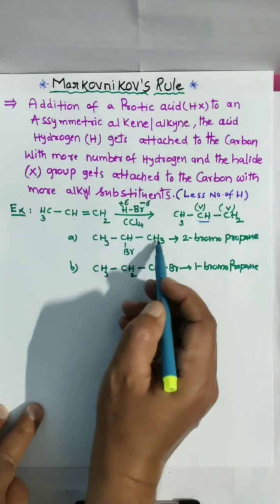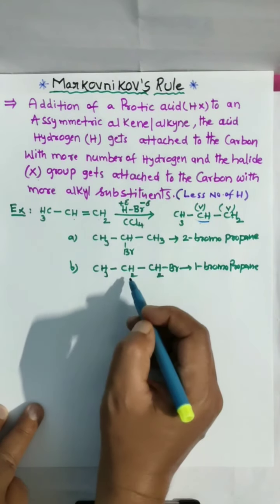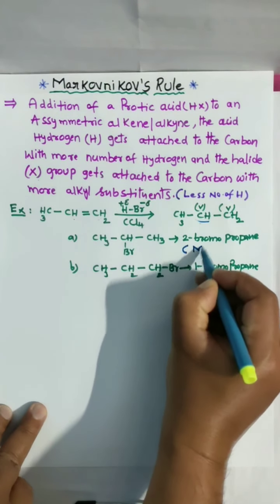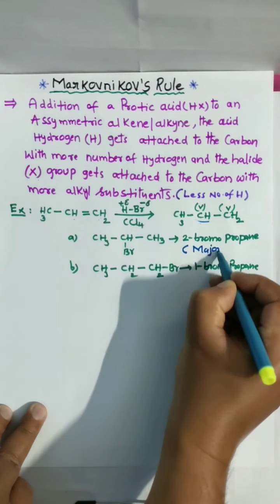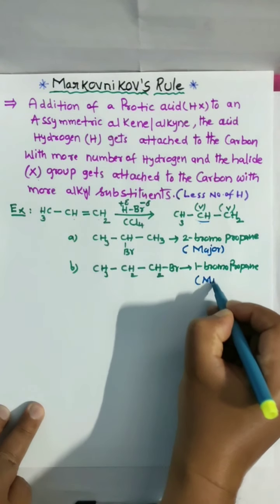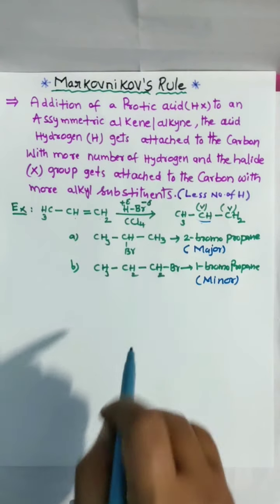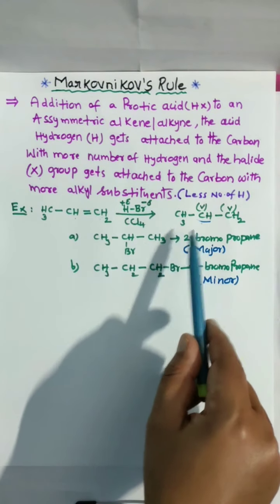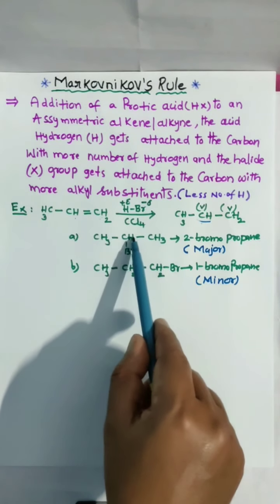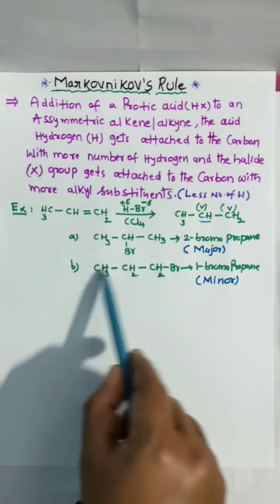Now two substituents are there, on both sides, whereas here there is total one substituent. So where more substituents are there, that is the major product. Where fewer substituents are there, that is the minor product. Remember, when the halogen attaches to the carbon with more alkyl groups, that is the major product. Where lesser number of alkyl groups are there, this is total one group now.